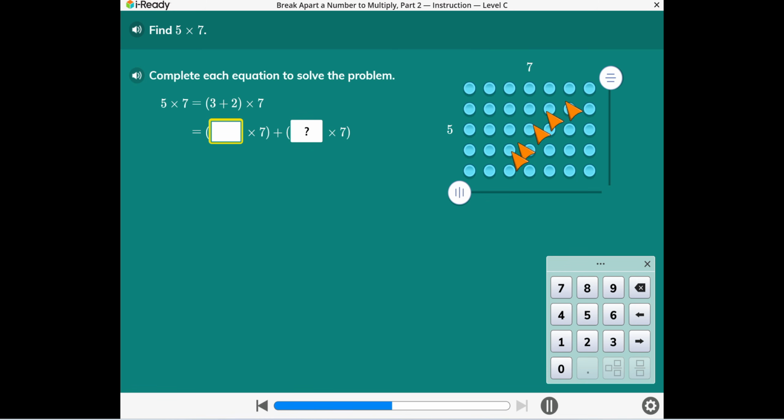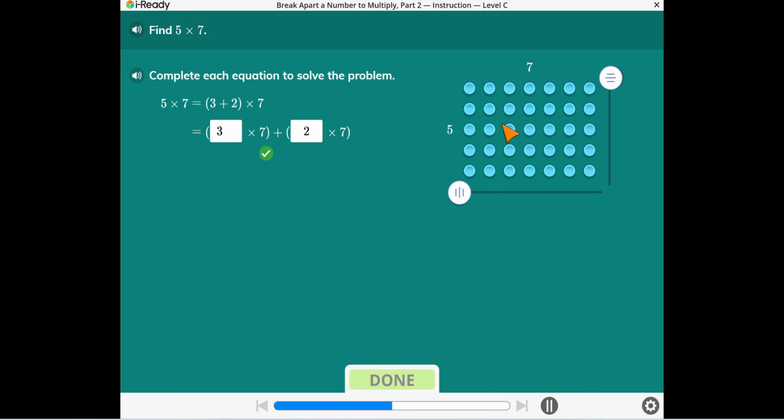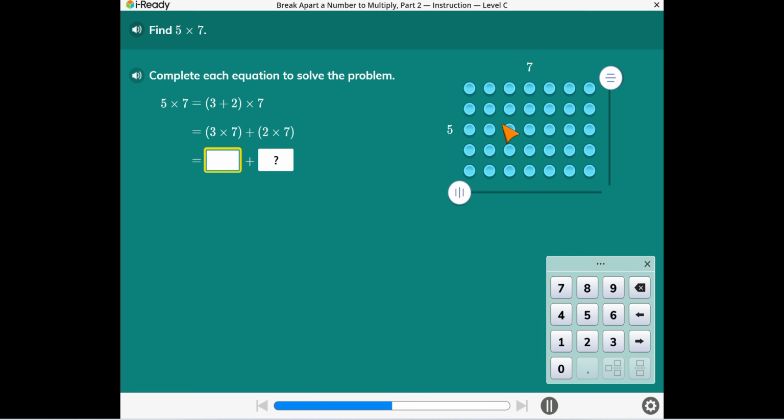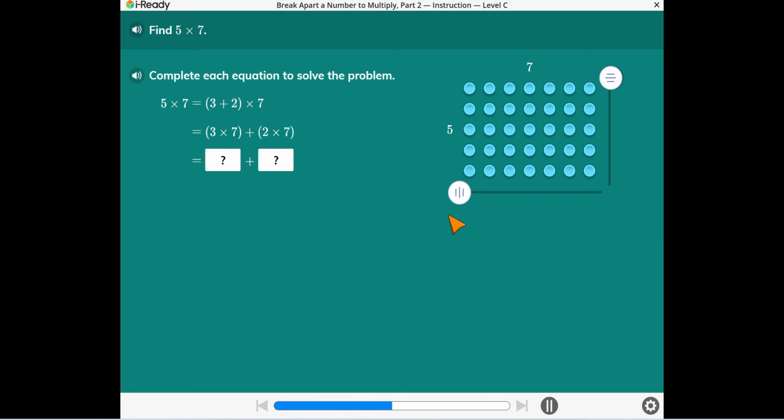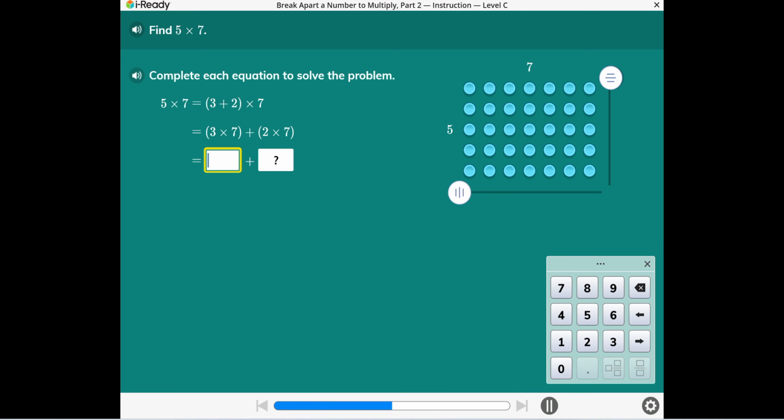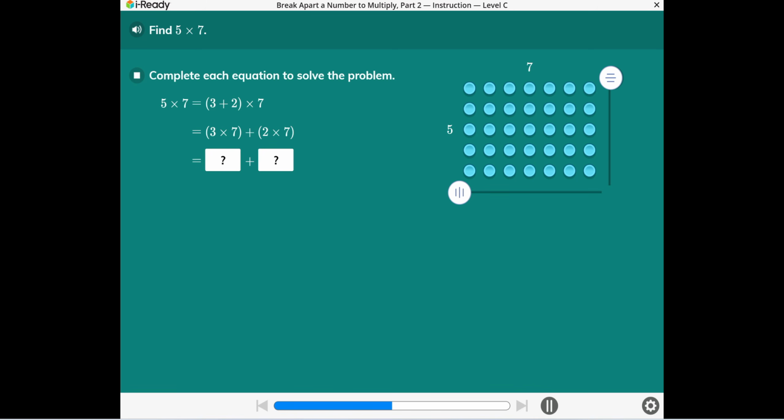Drag the slider back to the start to move the other slider. Complete each equation to solve the problem.